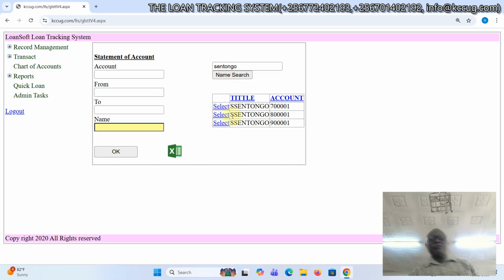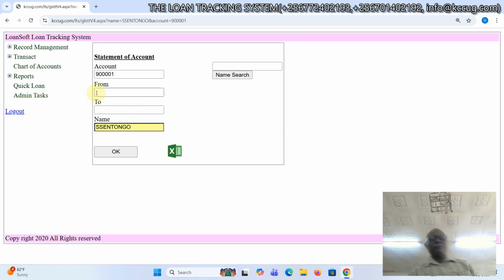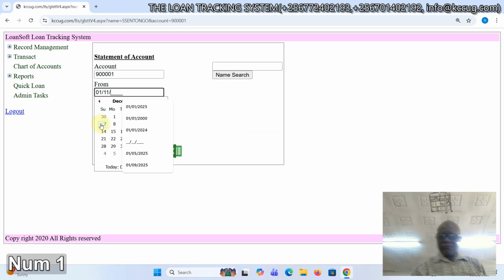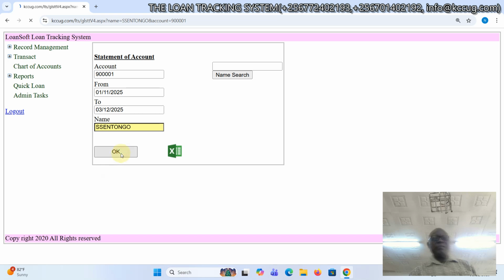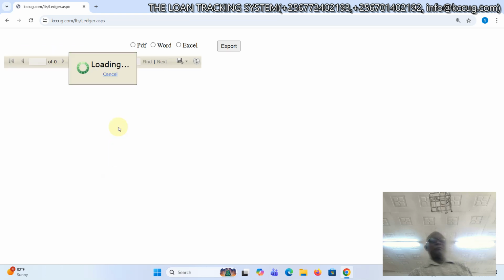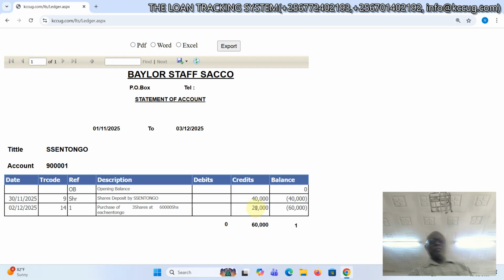Name search, shares, say from 1st November 2025 up. There you are. Initially it was 40. Okay. And now he has added 20,000 such that it becomes 60.